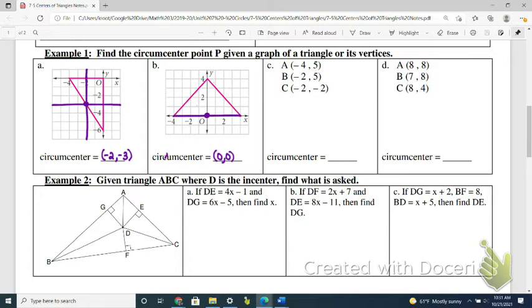So first thing I need to do on C, so I can draw it out to figure out where the hypotenuse is, because my circumcenter is going to be the midpoint of the hypotenuse.